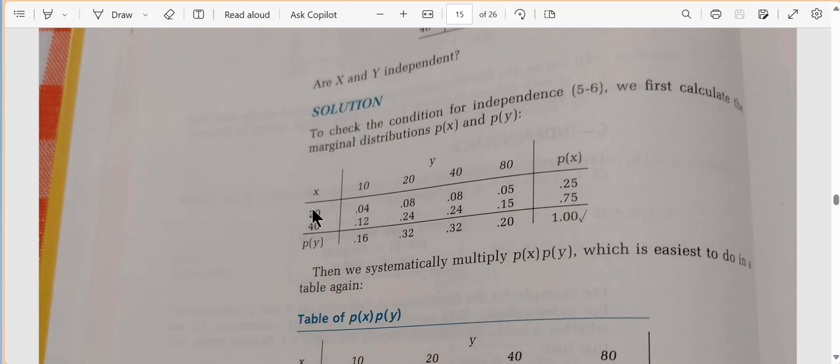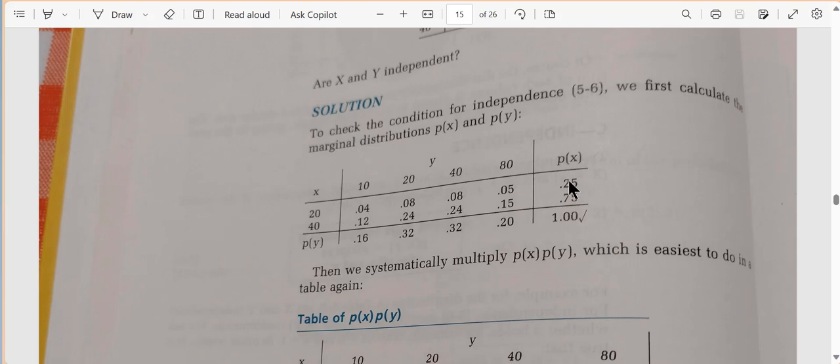We have to see, is this, that's the probability that x equals 20, which one is x here? This is x equals 20 and y equals 10. So x equals 20, the probability is here, and the probability that y equals 10 is here.